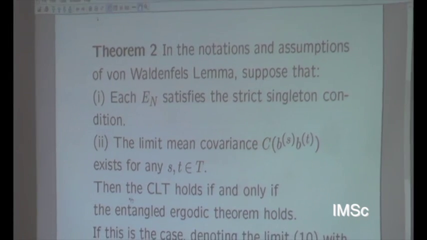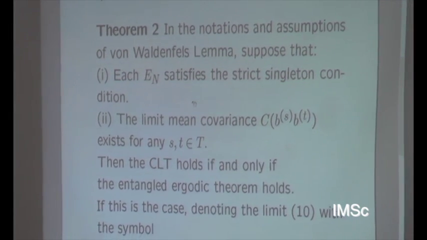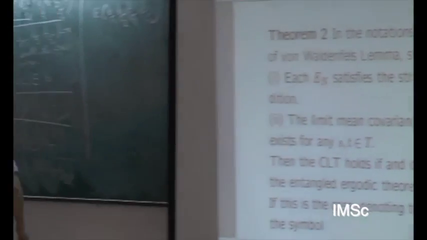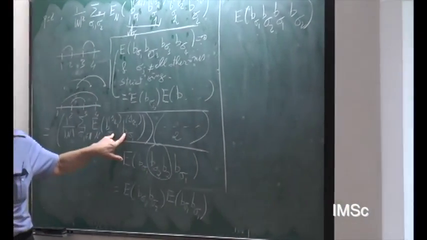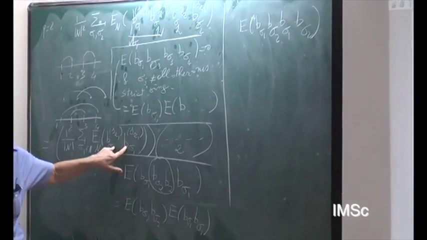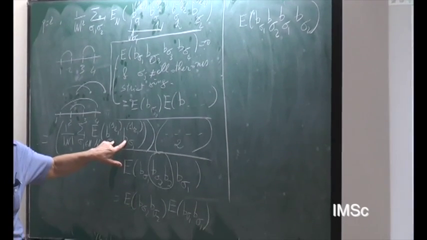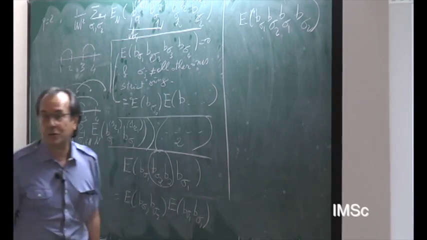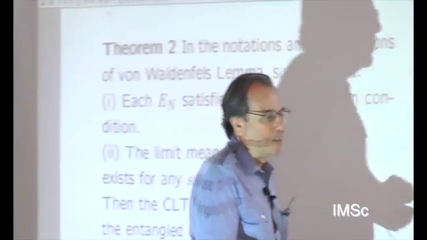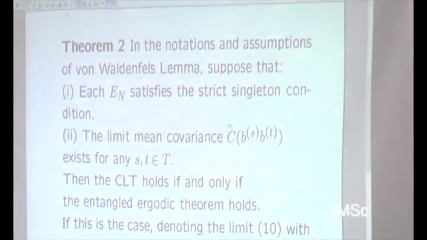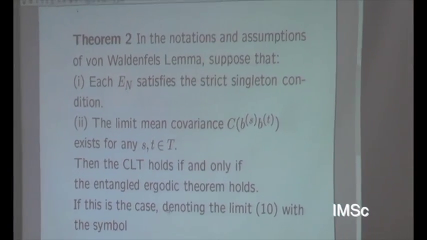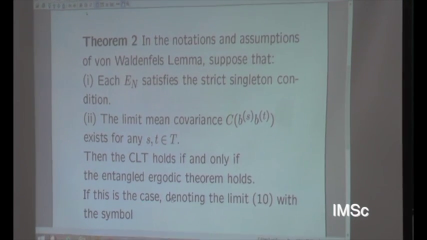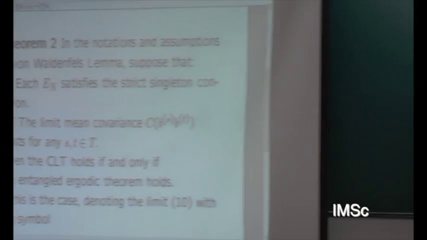If there is a strict singleton, and if the covariance exists, because we know it's a necessary condition for the central limit theorem, then the central limit theorem is equivalent to the entangled ergodic theorem. If and only if.